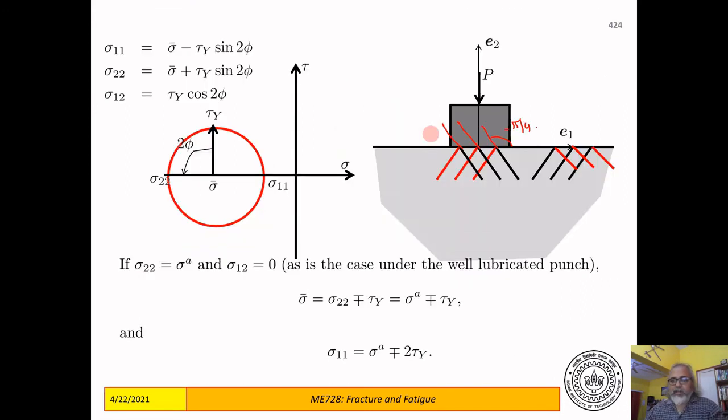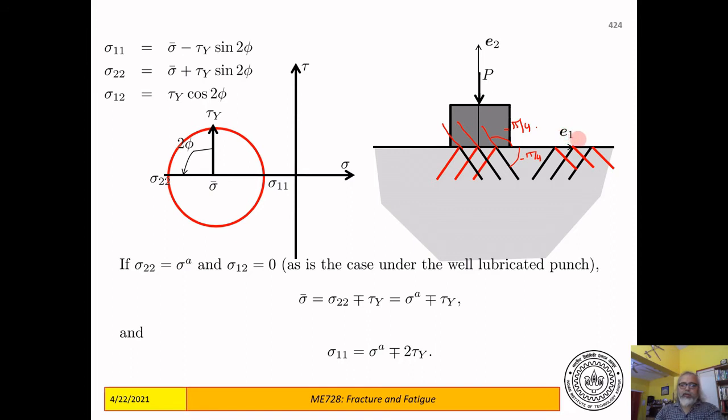So here the alpha lines will make an angle of minus pi by 4 with the x1 axis.